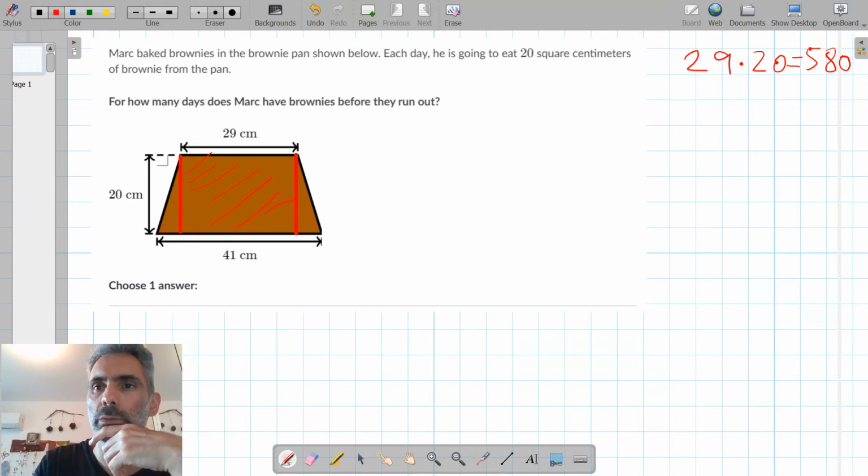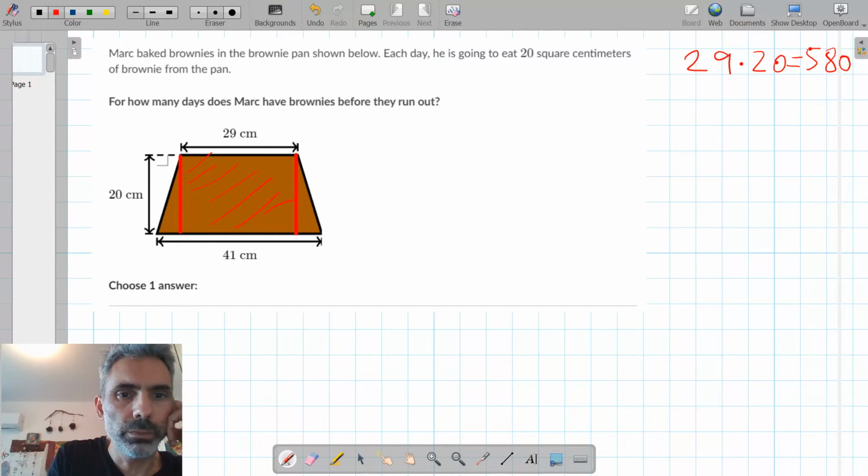Right? Yes, 29 times 2 is 58, and we add a 0, so we have 580. So 580, this is the area of the rectangle.